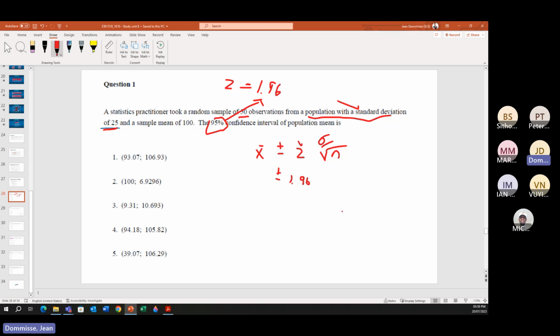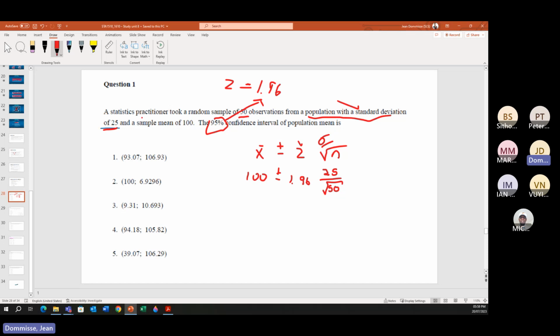We've got the standard deviation, which is 25. We've got the sample mean, sorry, the sample size is 50. And we've got that mean of 100. So we know what that mean is as well.